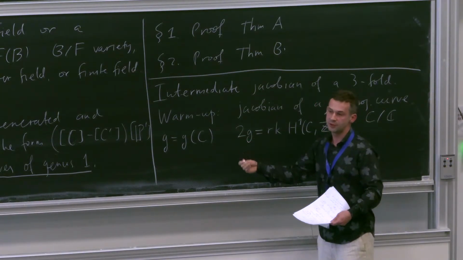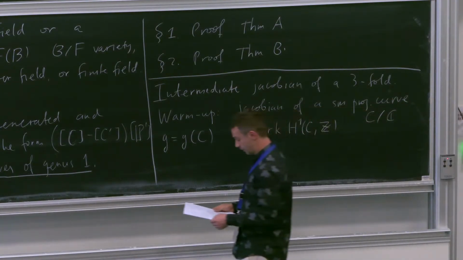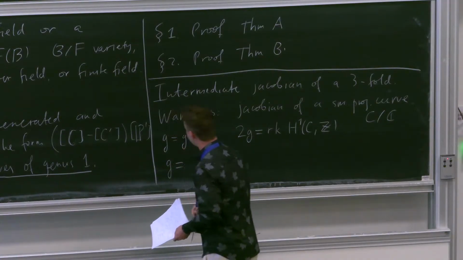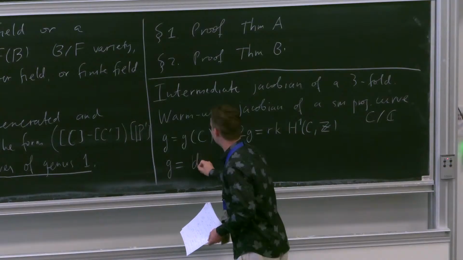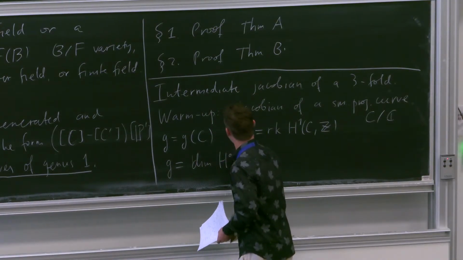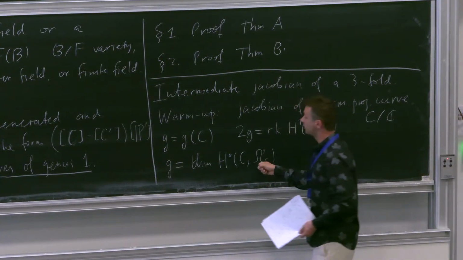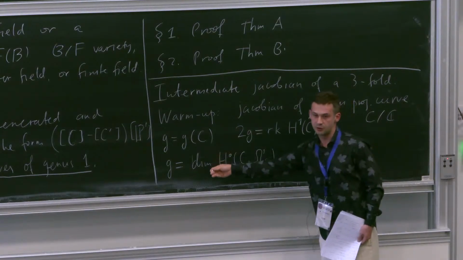That's one way to see the genus topologically. And algebraically, we can do either of the following. We can say that we're looking at the dimension of holomorphic forms. I'm looking at one-forms, global holomorphic forms, and this is the genus also.